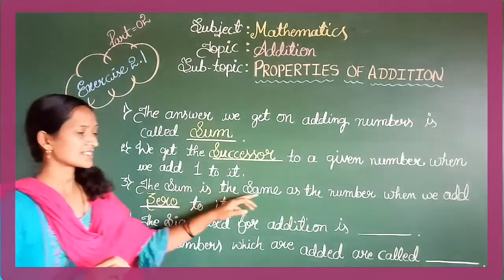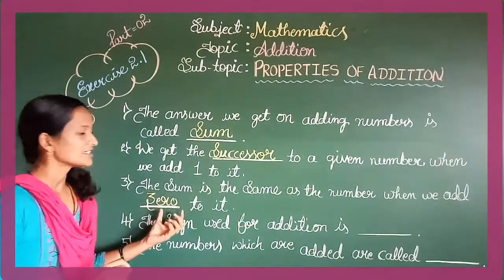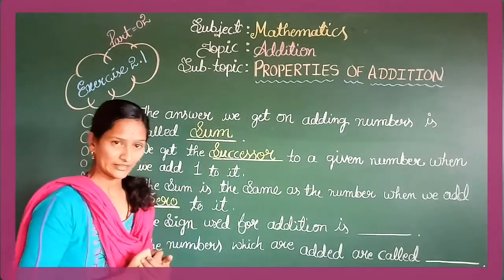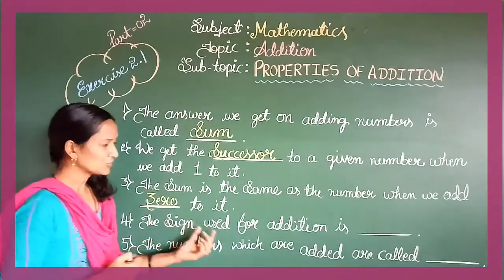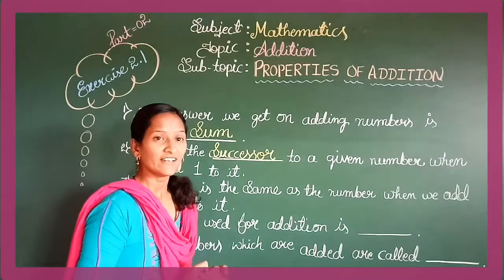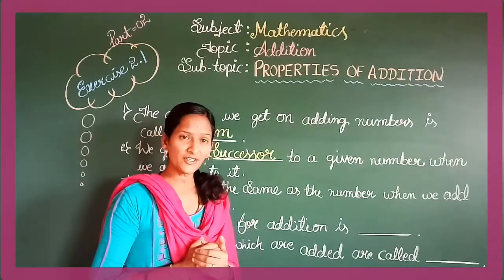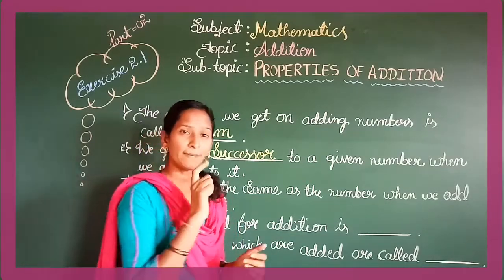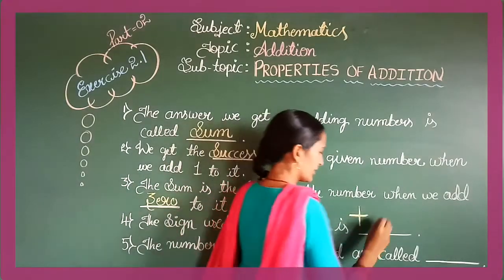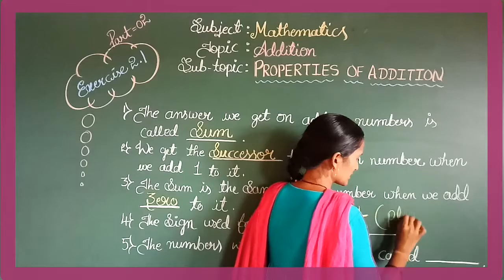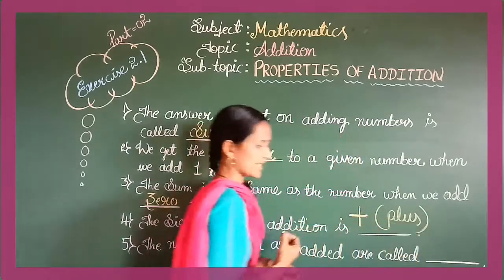The sum is the same when we add 0 to any number, right? So come to the fourth one. The sign used for addition is, which is the sign of addition? That is plus. See here, this is the symbol of addition. Plus, in words it is P-L-U-S, plus.